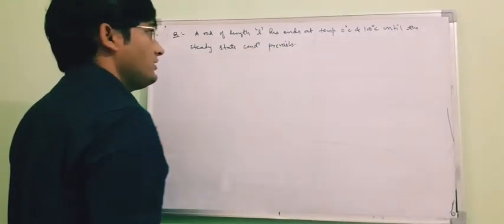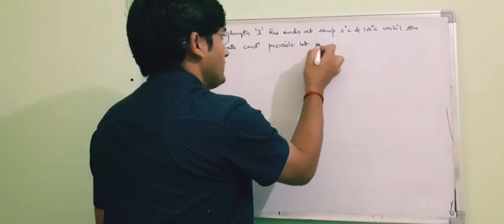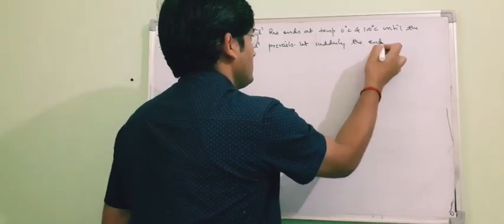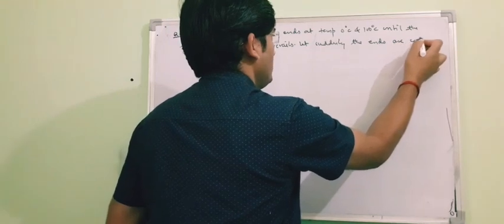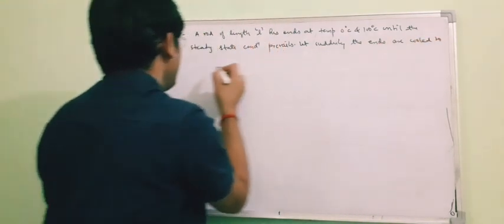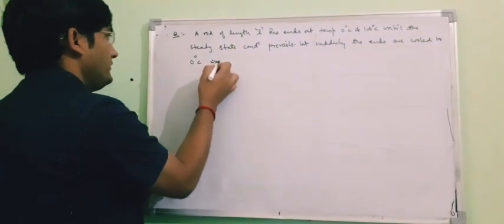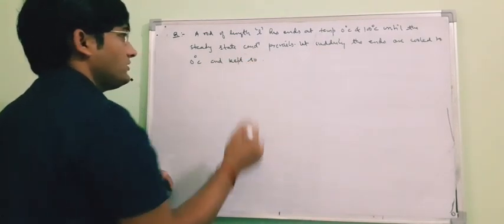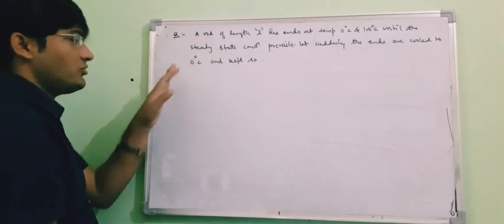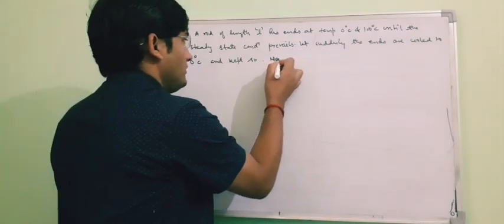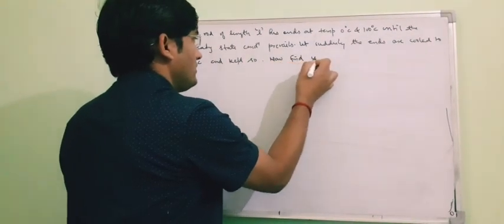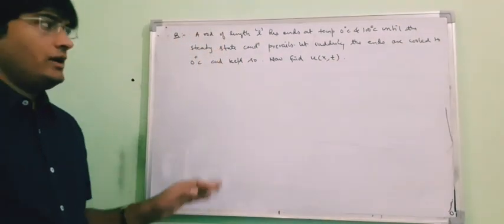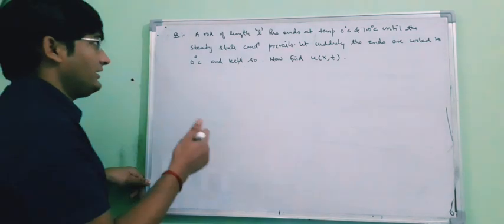Now suppose that suddenly the ends are cooled to 0 degree centigrade and kept at this temperature. Now find the temperature u(x,t) for any time and at any point.